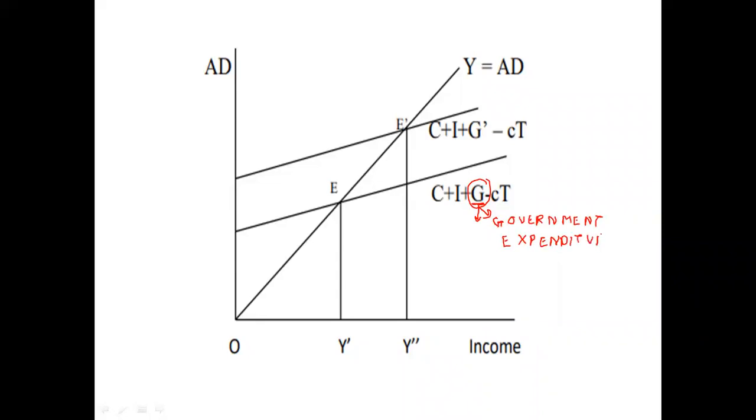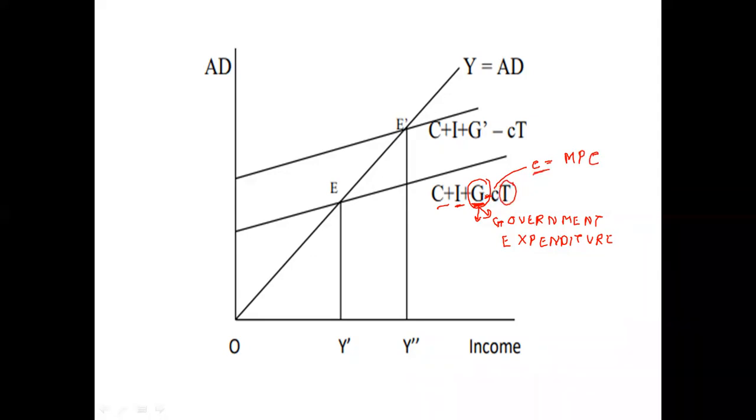G means government expenditure. C, we have studied this: C, autonomous consumption. I, autonomous investment. G, government expenditure, minus cT. What is small c? Small c is equal to MPC, you remember? Marginal propensity to consume, MPC. And T is taxes.